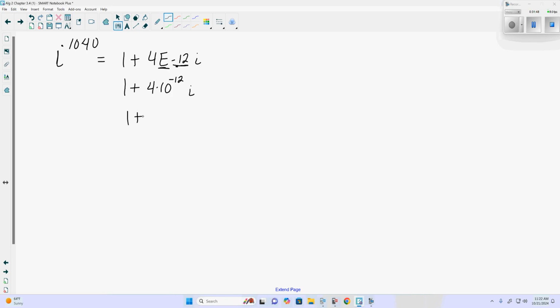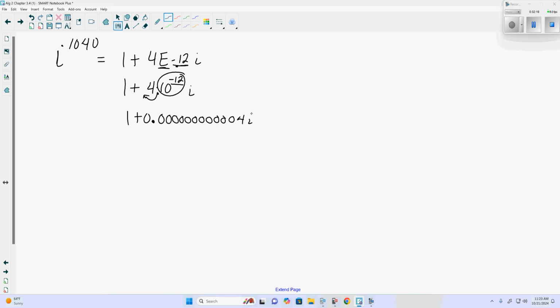Now, for us here, when we have a negative power, all that's saying is that we're taking the decimal point and moving it to the left. So here we're moving the decimal point 12 spots to the left. All right, so we're saying we're having 1 plus that very, very, very small number i.